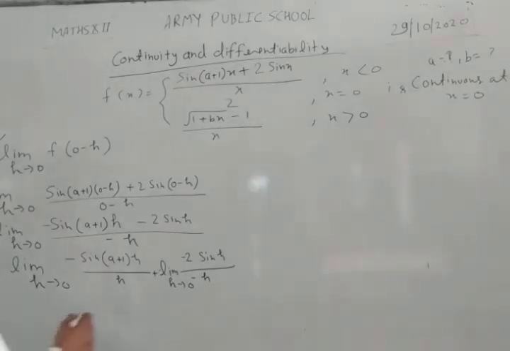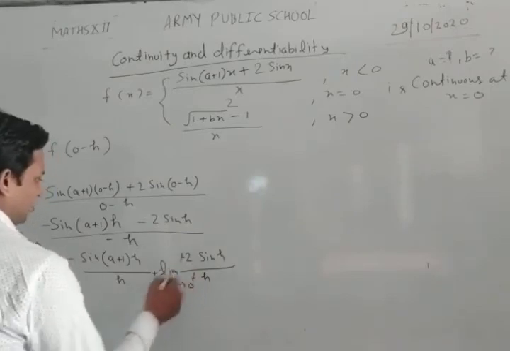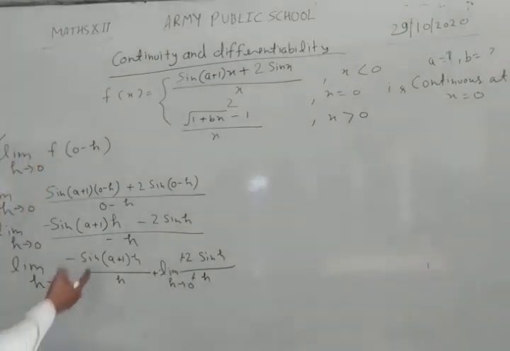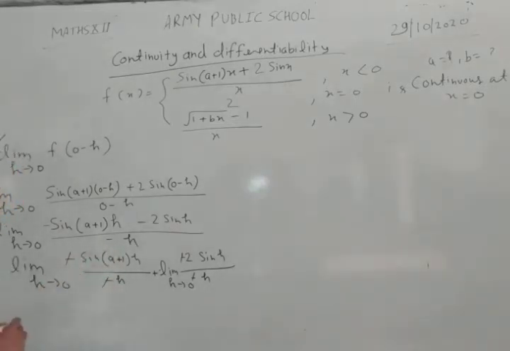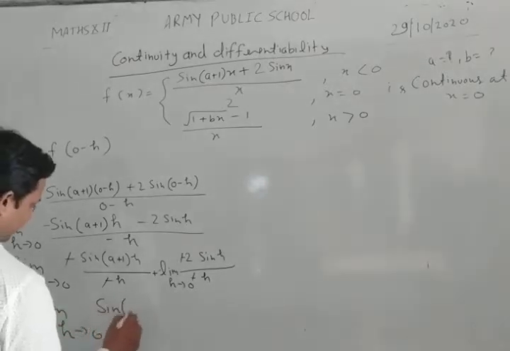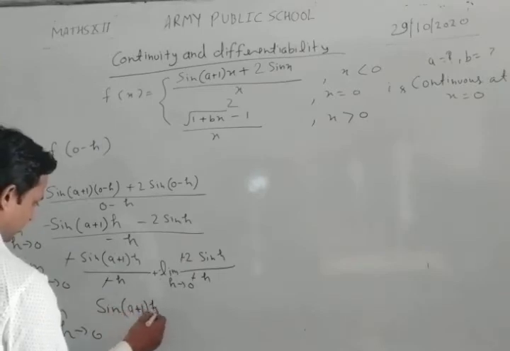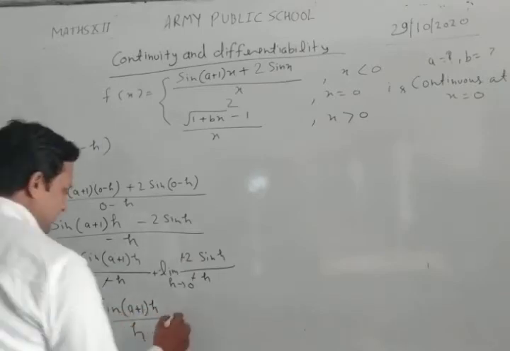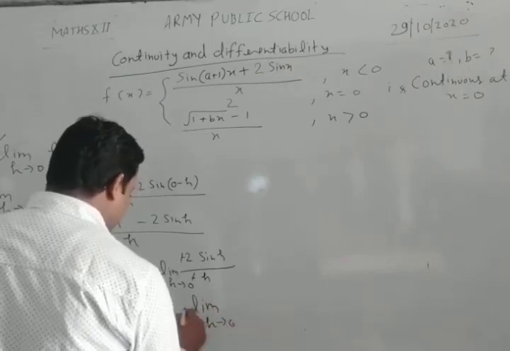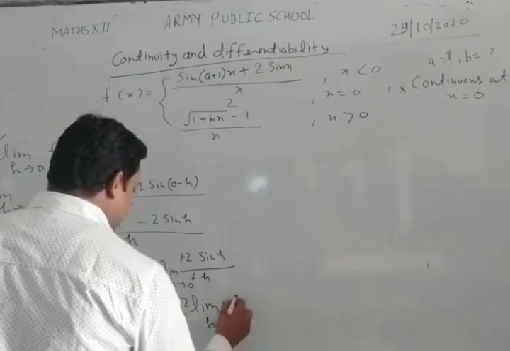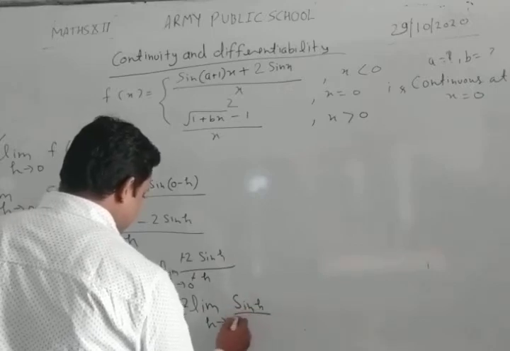This minus and minus will cancel, and here is also a negative sign, so this minus will also cancel. So we write limit h tends to 0 sin(a+1)h by h, and here limit h tends to 0, we write 2 outside, sin h by h.